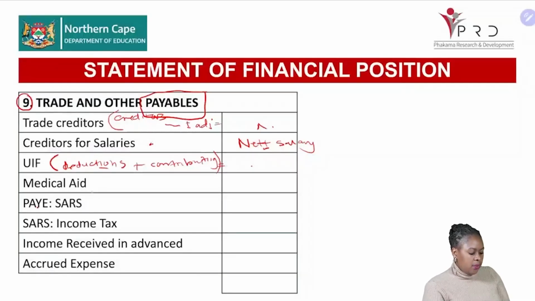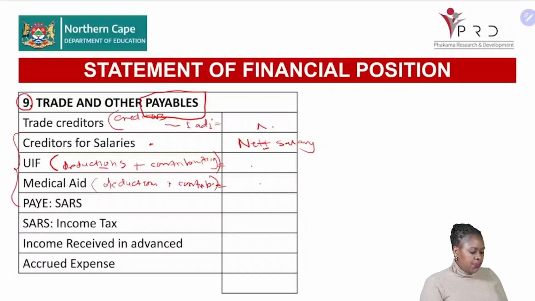Same applies if we are contributing towards the medical aid. It will be the deductions that are coming from the employee plus our contribution, okay? And then that will give us the balance that goes over there. Then the SARS is being paid by the employee. So this is all relative to salaries. Are we fine? If there are any other contributions that we are contributing towards, then we will also have them under our trade and other payables for the particular employee.